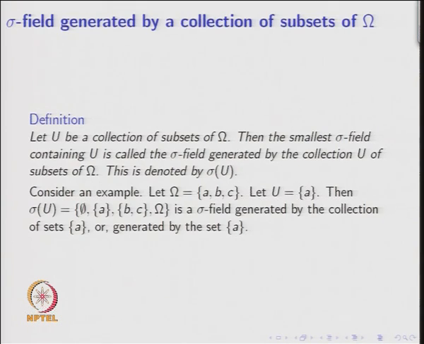This is denoted by sigma of U. Consider an example where omega is equal to {a, b, c}. Let U be {A}. Then sigma of U is the empty set, the element A, the element {B, C} and the whole set; this is the sigma field generated by the collection of sets A.